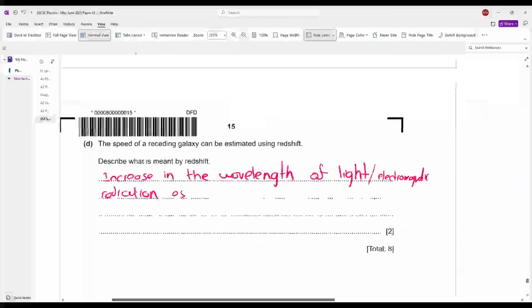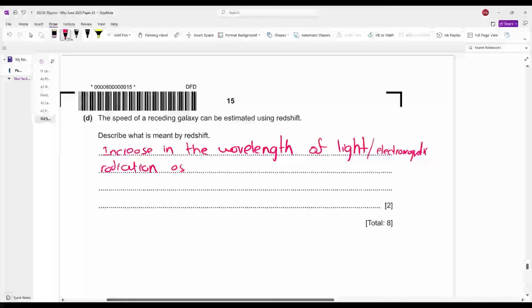Let's write the complete thing. As distant galaxies are moving away from Earth. Easy.